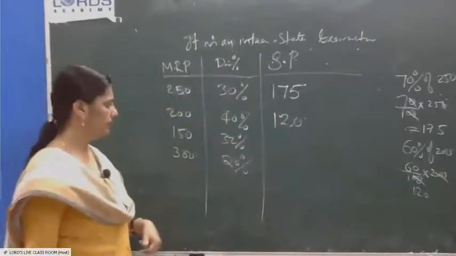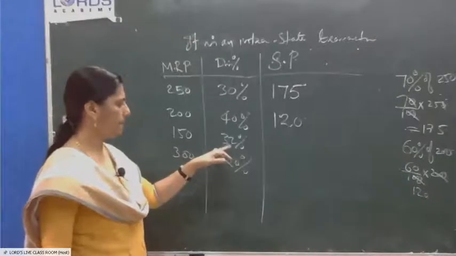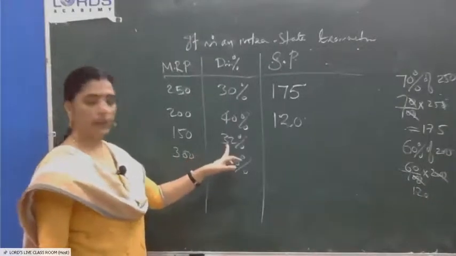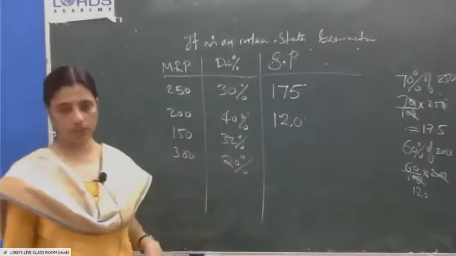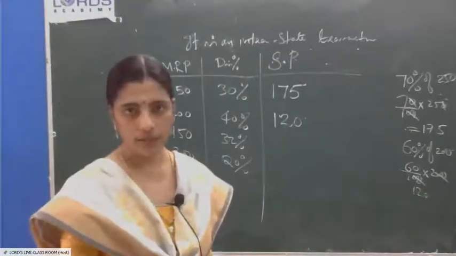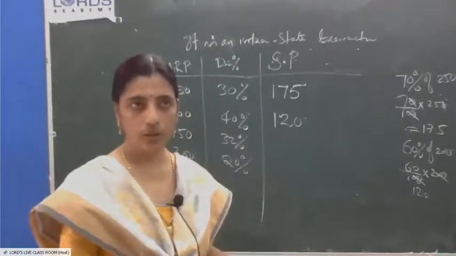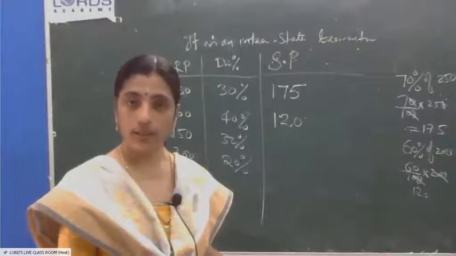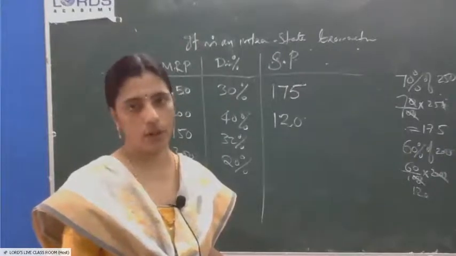Next, 32% reduction you are getting. That means how much do you have to give? 100 minus 32, 68% of the cost price you have to give.